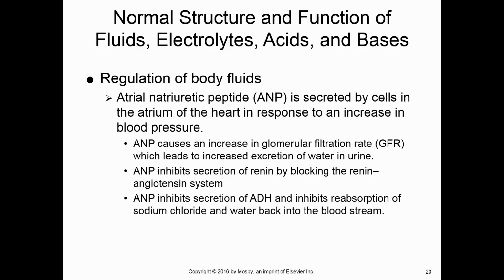So when our blood volume is higher, our blood pressure is higher, ANP will cause the kidney to excrete more urine. It also will block that renin-angiotensin system that is activated when our blood volume is low and our blood pressure is low, so it stops that from being secreted.